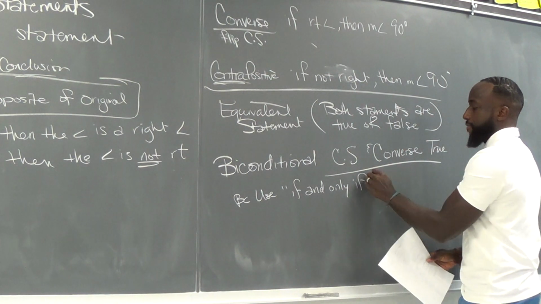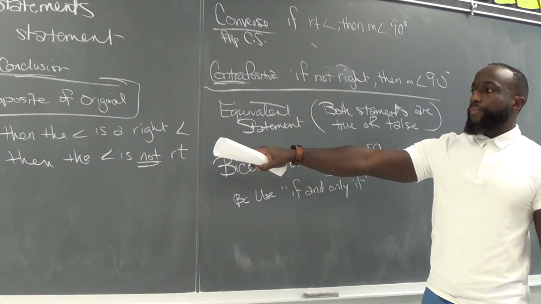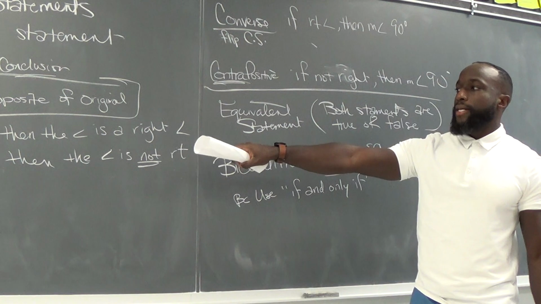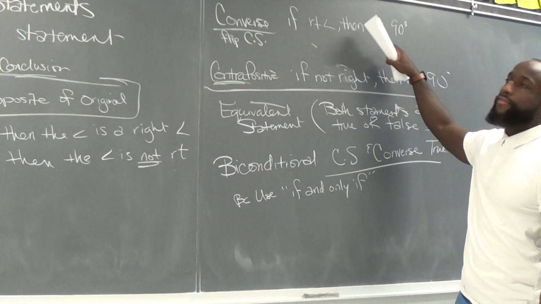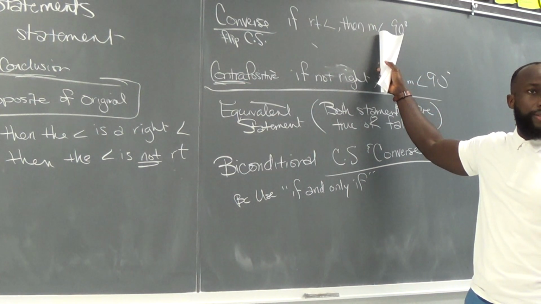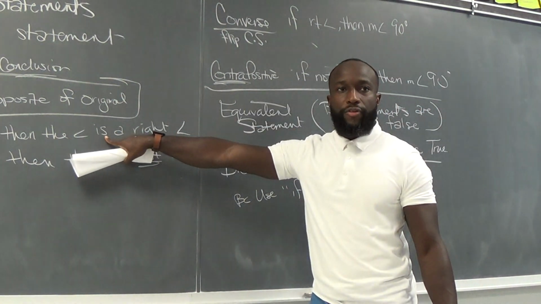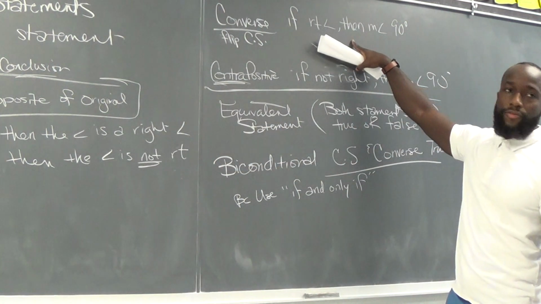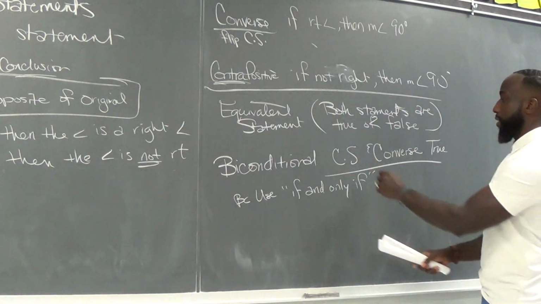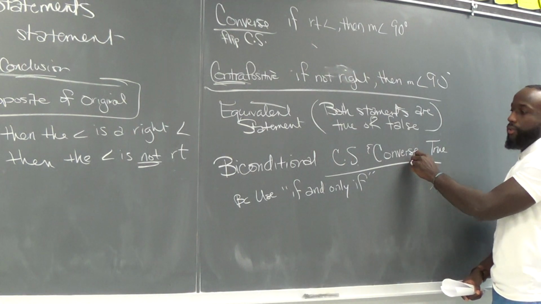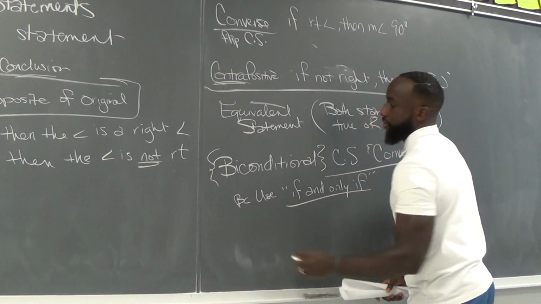So you can say the measure is 90 degrees if and only if it's a right angle. Or it's a right angle if and only if it's 90 degrees. Because if you flip it, it's true. So this is true and this is true. And because the conditional statement and the converse statement are true, you can use the term if and only if, and it's considered a biconditional statement.